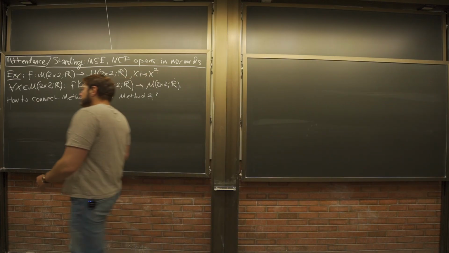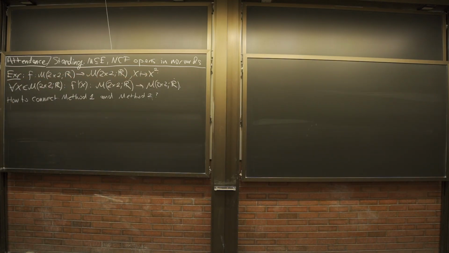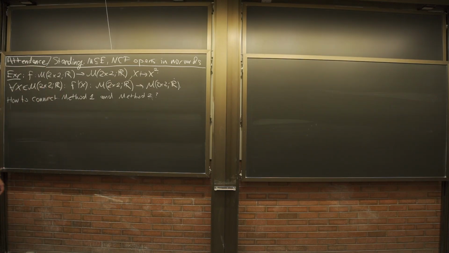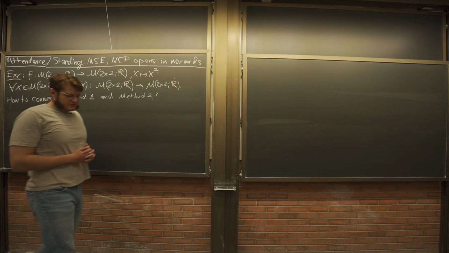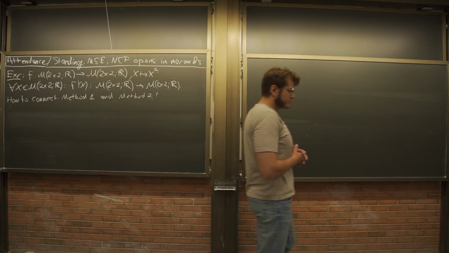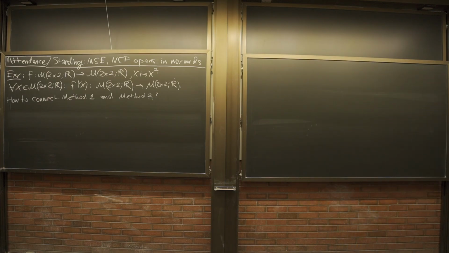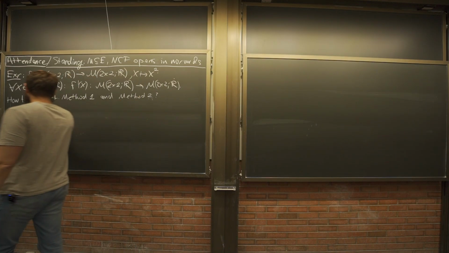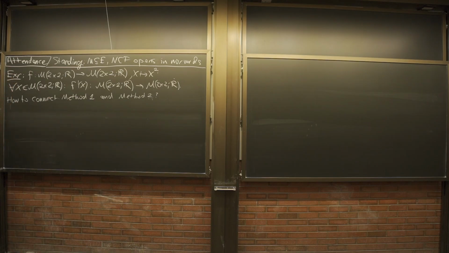And we realized that up to higher order terms, f of x plus h can be written as f of x plus some function of h that is linear. And then by definition, that function has to be the derivative. I mentioned that these two methods coincide, and so I want to say a couple more words about how we can connect this. I'm not going to do this connection completely. I'm going to leave it to you as an exercise.